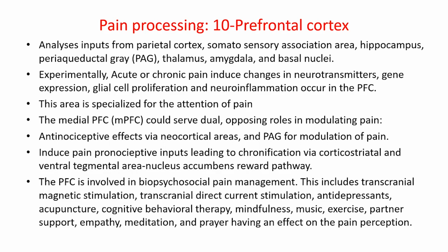So this is done by the prefrontal cortex, and that will activate the pro-nociceptive switch present in the periaqueductal gray, and that will continue to send impulses to the cingulate, the nucleus accumbens, and the tegmental areas. And these, along with the hippocampus, will try to make the pain a chronic one. Say, for example, with the type of migraine or any other type of chronic pain, you can just think about it.